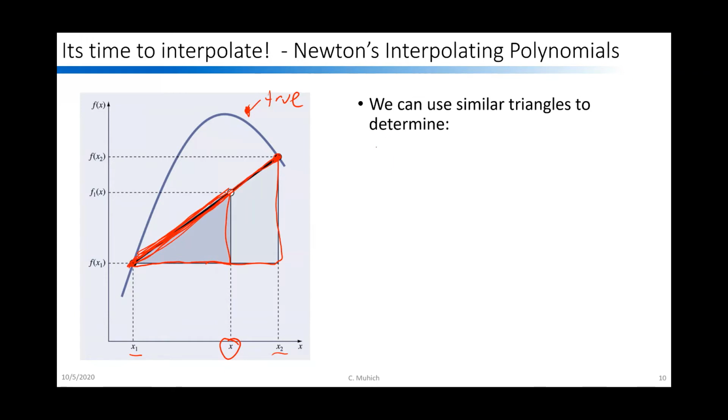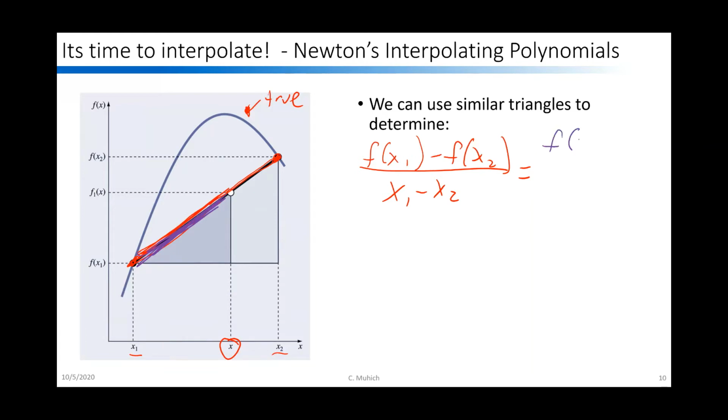So let's put some numbers on here. So we can say that f of x1 minus f of x2, right? So the slope, maybe I'll keep that one in red. So the slope over the whole thing, so over x1 minus x2, must be equal to the slope over the small triangle, or that piece that's in purple.